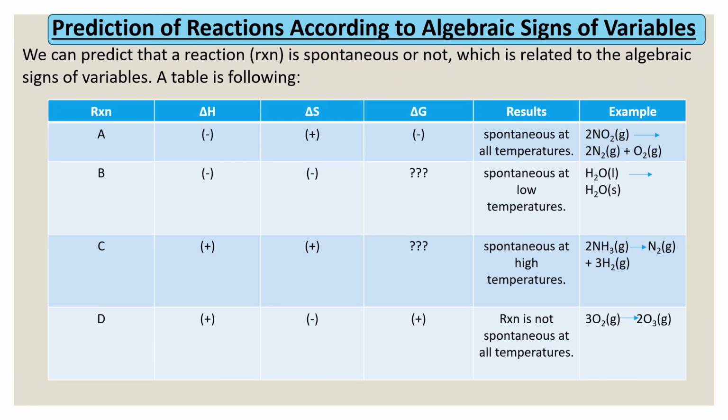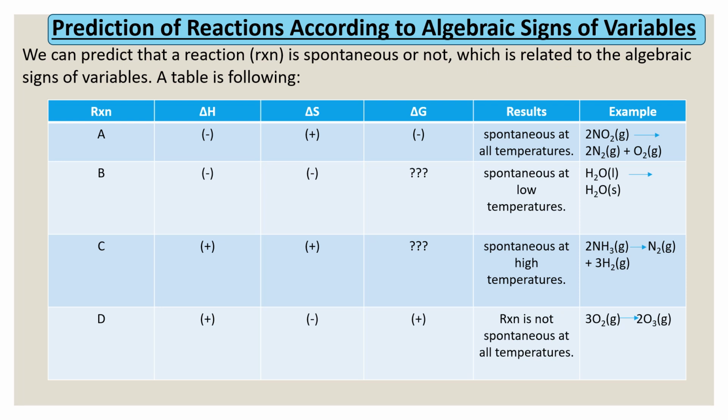Prediction of reactions according to algebraic signs of variables. We can predict whether a reaction is spontaneous or not, which is related to the algebraic signs of variables. A table is following. Reaction A, where del H is negative, del S is positive, del G is negative, results spontaneous at all temperatures.